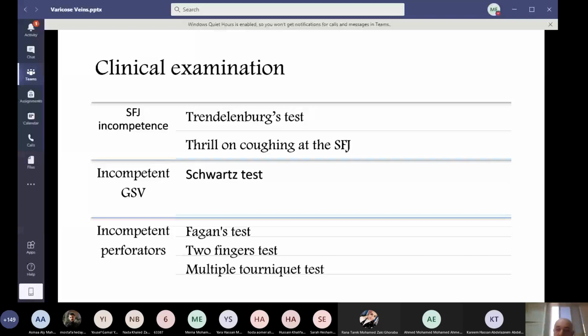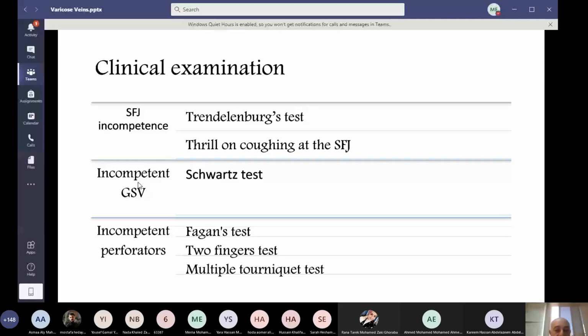But again, they are subject to human error. Hence the duplex examination, which should comment on these three: what about the saphenofemoral junction, what about the incompetent saphenous vein, and it can give a measurement for the diameter of the great saphenous vein, and also the site and status of the perforators, whether they are competent or not.